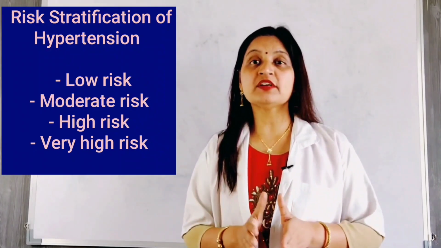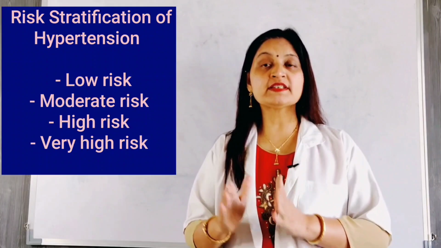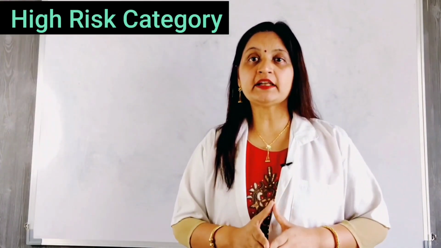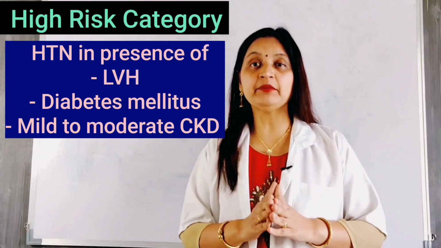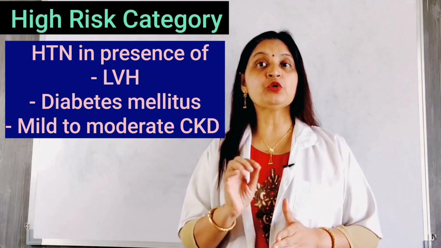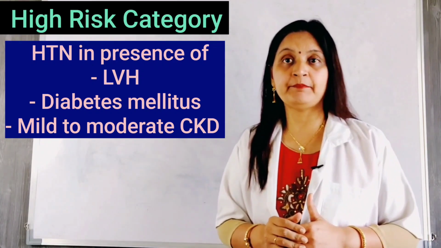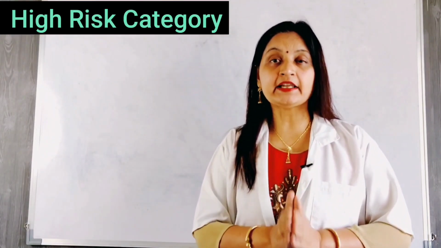Depending on these risk factors, the patients are divided into low risk, moderate risk, high risk and very high risk. The high risk category includes patients with left ventricular hypertrophy or diabetes mellitus or mild to moderate chronic kidney disease with GFR greater than 30 ml per minute. So these are the cases that belong to high risk category.